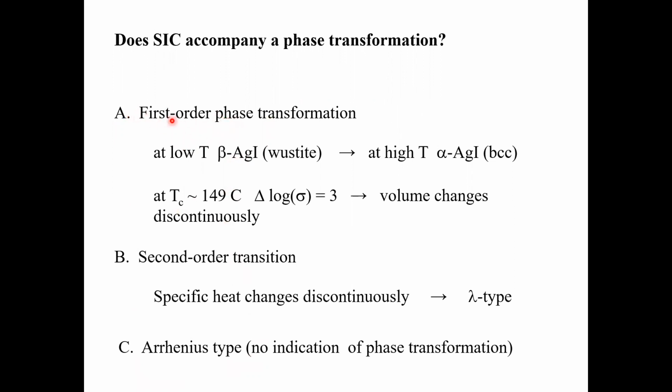For a long time, it was believed that for a given material to show superionic conducting behavior, you need to have at least a first order transformation, like in silver iodide, where it goes from low temperature beta silver iodide, which has a wurtzite type structure, to high temperature alpha silver iodide, which is a body-centered cubic type arrangement.